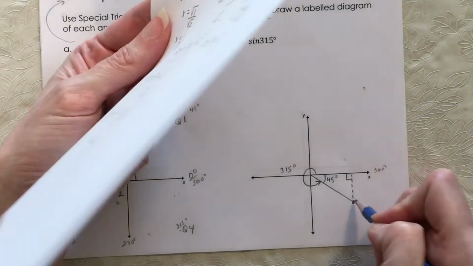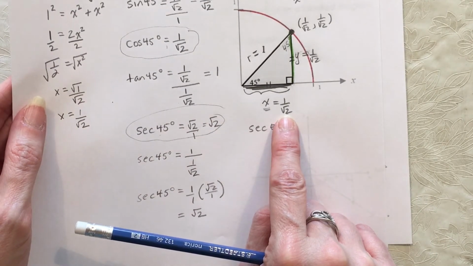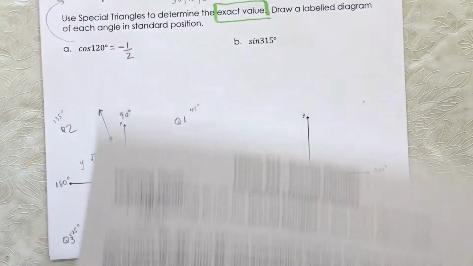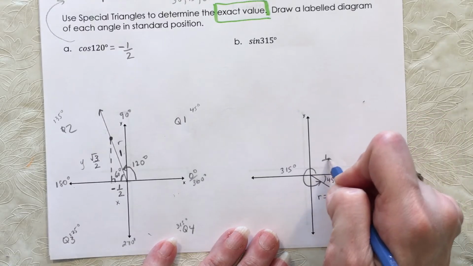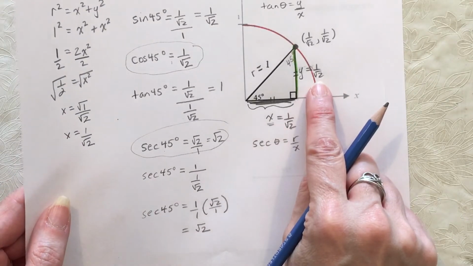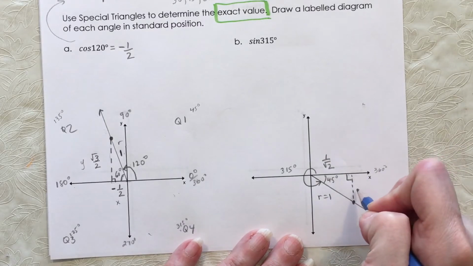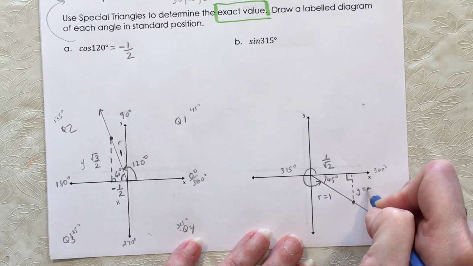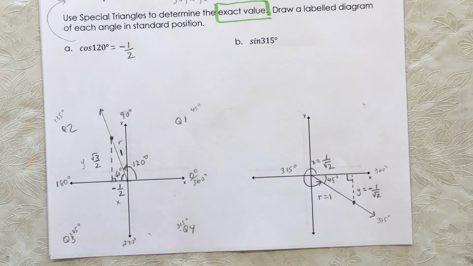So R again is 1. The x value is going to be either positive or negative 1 over root 2 depending on the quadrant. So for us, it makes sense that the x value would be positive 1 over root 2. And for 45s, the y is also 1 over root 2, positive or negative depending on what quadrant we're in. So in quadrant 4, it makes sense for the y value to be negative. So we've labeled our triangle, our x, our y, and our r.